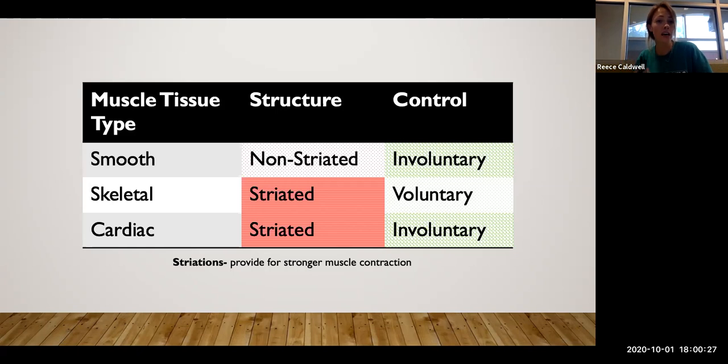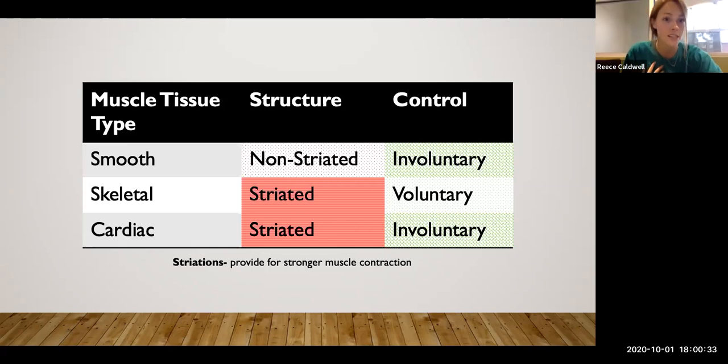And then the cardiac tissue, the heart does have its own muscle tissue. When we get to the cardiovascular system, we'll learn it's actually called the myocardium, the muscle of the heart. That's what it means in medical terminology. You don't need to know that now. But cardiac tissue is also striated, because think about it. Your heart is this fist-sized organ inside your chest, and it has to pump blood.